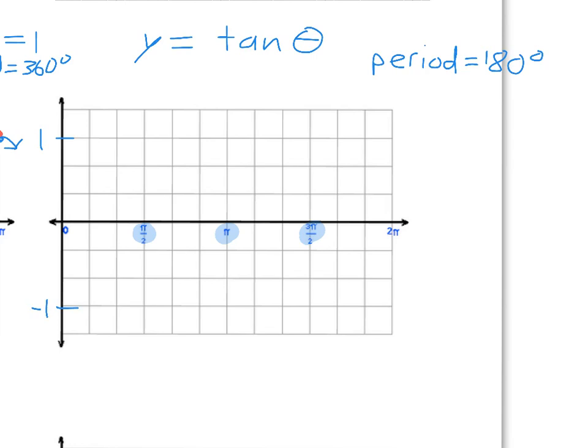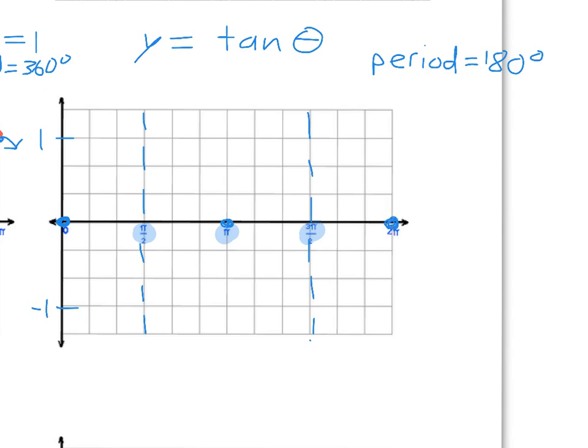Take 2 periods, which is 2 pi, and then cut it in 4. The first and the third cut will be your asymptotes. The numbers on the x-axis labeled, those are going to be your zeros. So there's going to be a 0 here, a 0 here, and a 0 here.